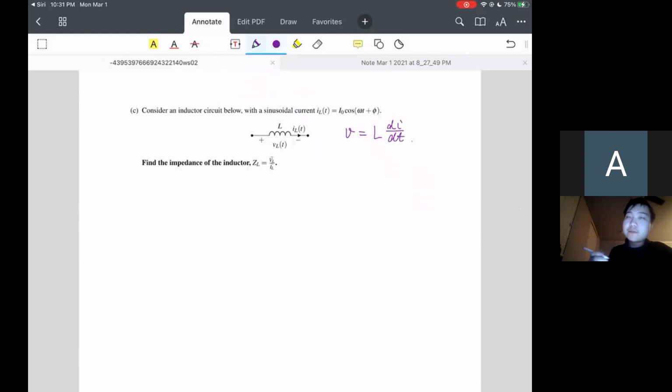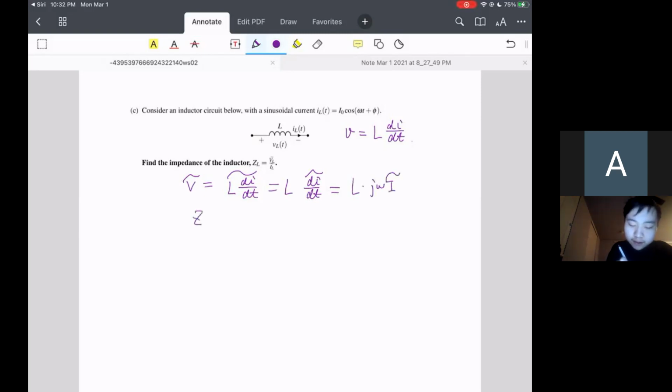And if we take the phasor representation of both sides, we see that V tilde is equal to the phasor representation of L times di/dt. Again, since L is constant and phasors are linear, we see that this is equal to L times the phasor representation of di/dt, which we know by the third property we derived is equal to L times j omega I tilde.